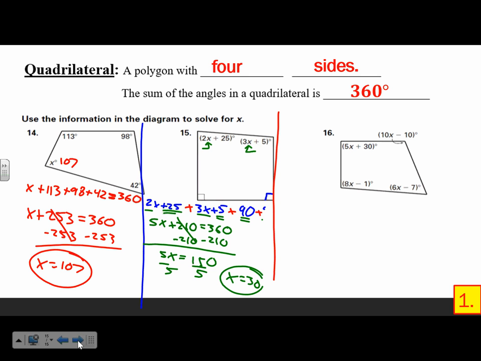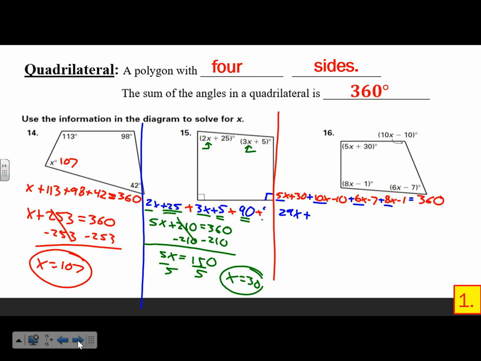Same thing with this next one. We just have 4 binomials. But again, don't make it harder than it is. We have 5x plus 30 plus 10x minus 10 plus 6x minus 7 plus 8x minus 1 is equal to 360. So again, just like the last one, go through. We have 5 plus 10 plus 6 plus 8 is 29.